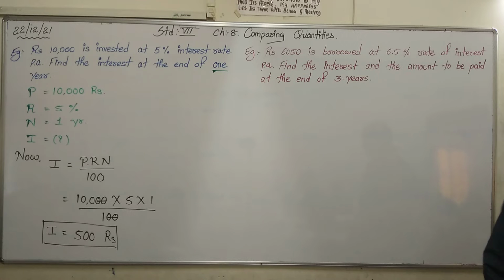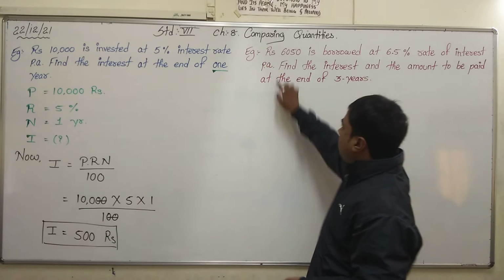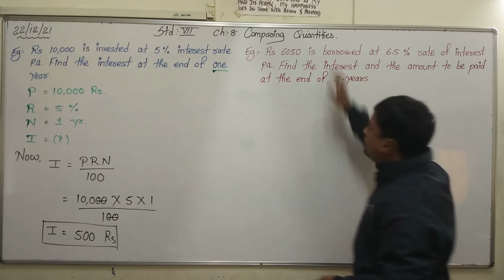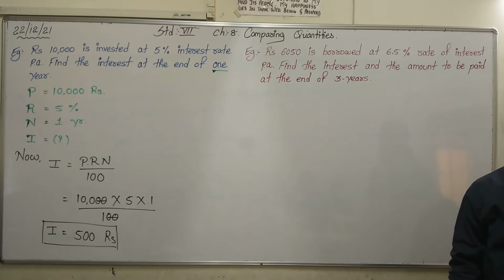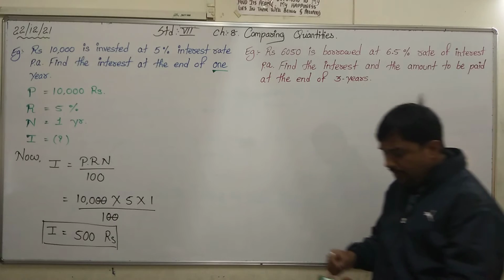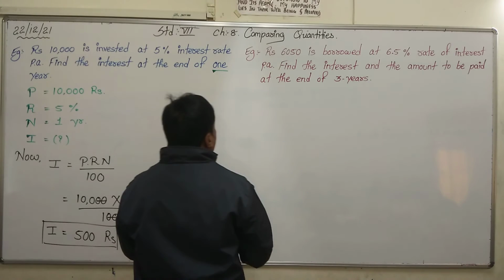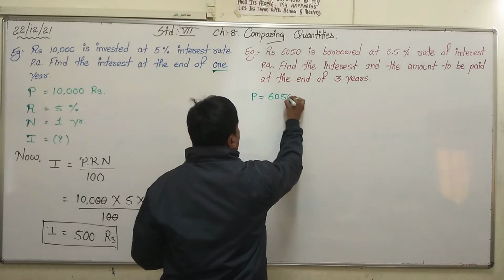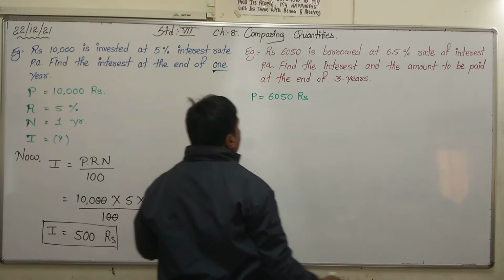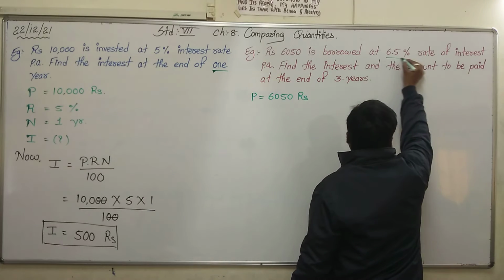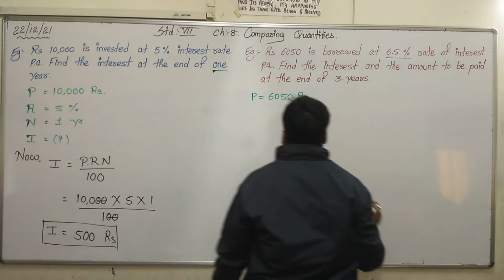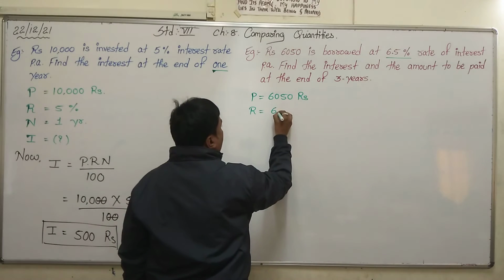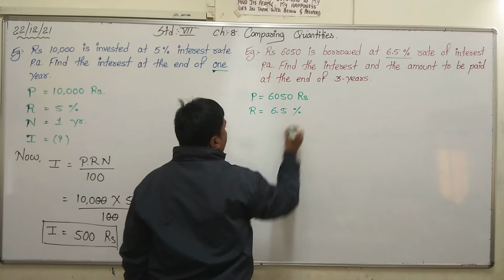Second one, rupees 6,050 is borrowed. Borrowed means that will be your principal, right? Do you understand how to identify the principal? So your principal P is equal to 6,050 rupees at 6.5% rate of interest, that is capital R. What is capital R? 6.5%.